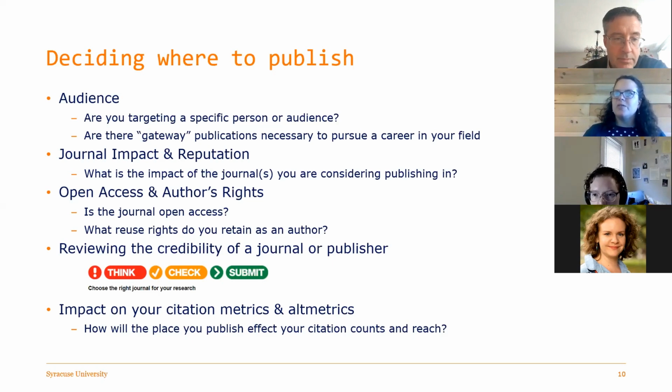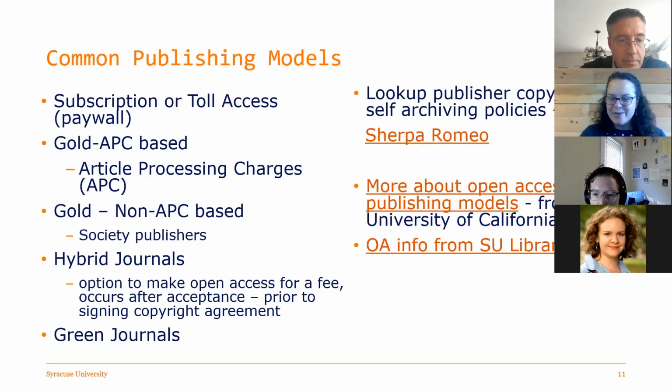Okay, so we're going to talk a little bit about publishing models now. Again, these are important pieces for understanding research reputation. I'm going to talk through this slide. It's pretty dense.